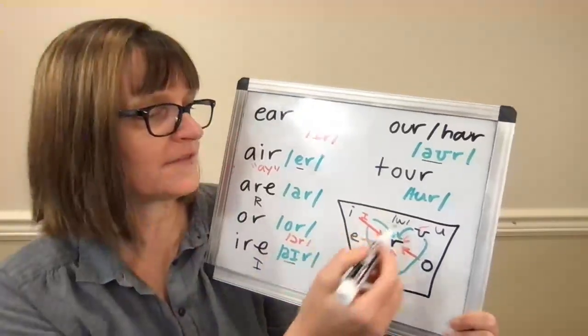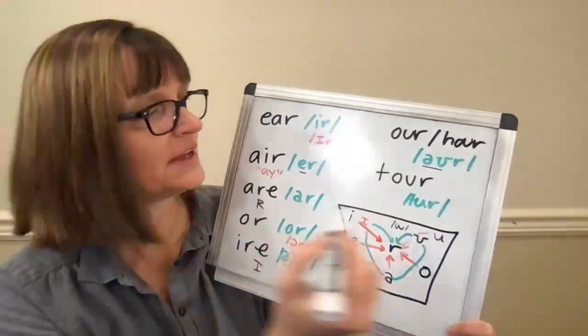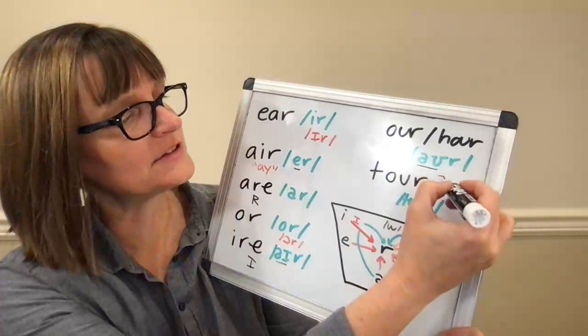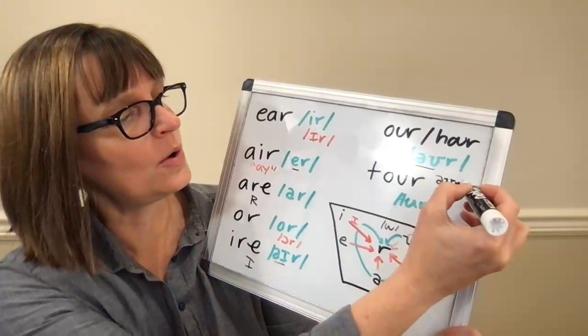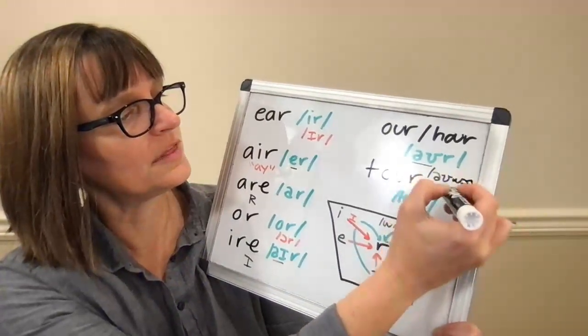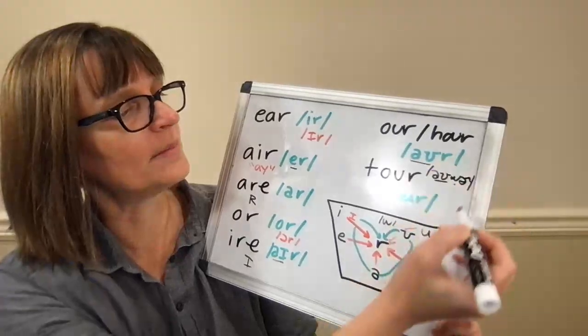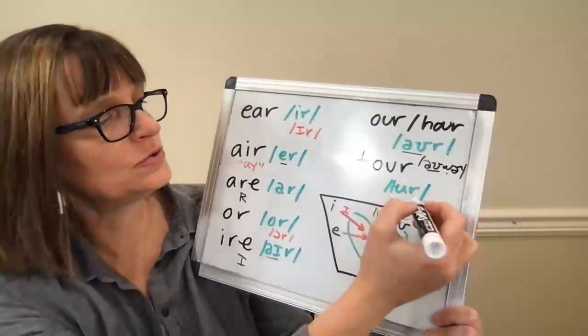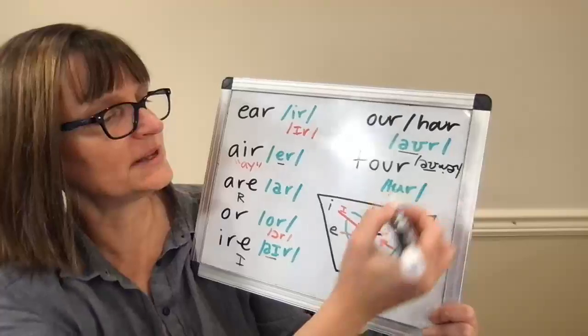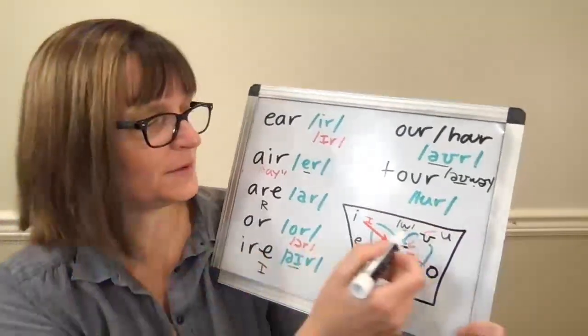Our. I don't have to intentionally put a W there, but you can hear that "our" sounds a little bit like "ow," with the W and then my R sound. Or "tour," you can hear there's a little bit of a W in there.